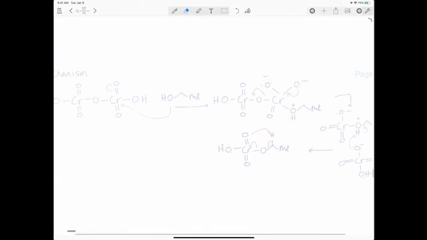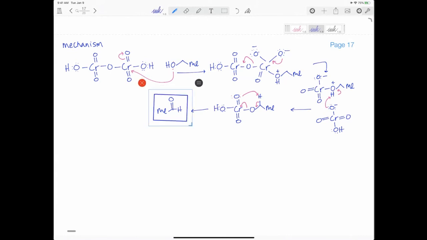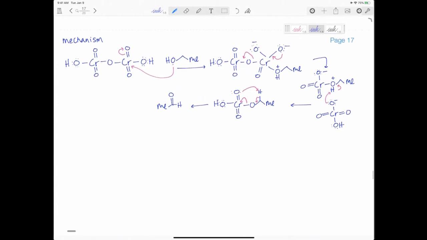And what you have as a result would be this. You would have an aldehyde. So this is where you know you're doing things right. When you get the aldehyde, this is sort of your first checkpoint here, okay?